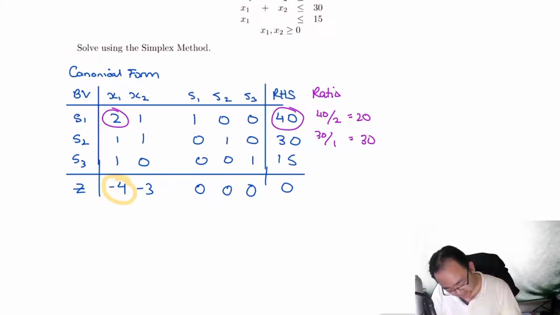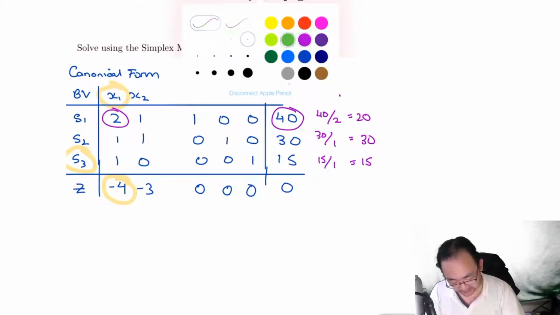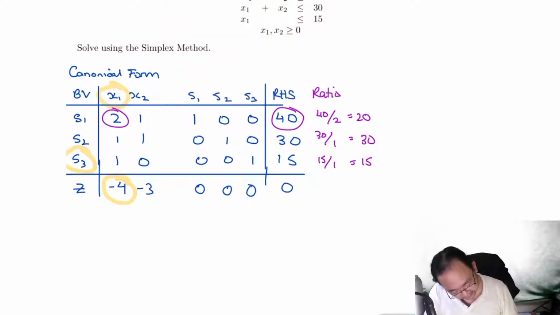And then the last one is 15 divided by 1, which is equal to 15. So as a result, we're going to choose x1 to go in the basis, and s3 out of the basic variables.